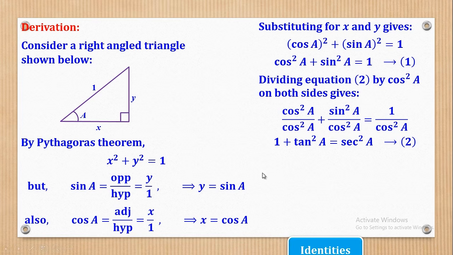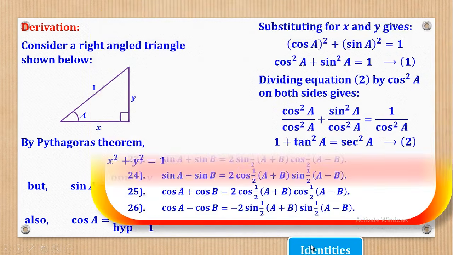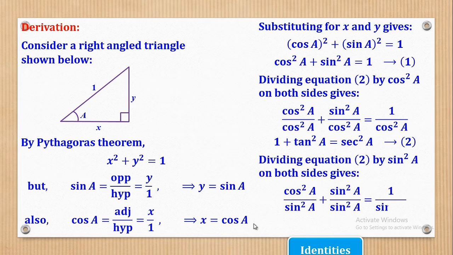So that is the second identity. Now we shall go to the third identity. Now we shall go to equation 1 and divide through by sine squared theta. So this was not supposed to be equation 2, it is equation 1 because we are using this one.